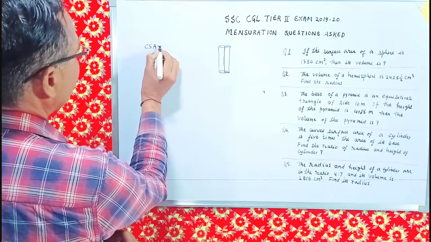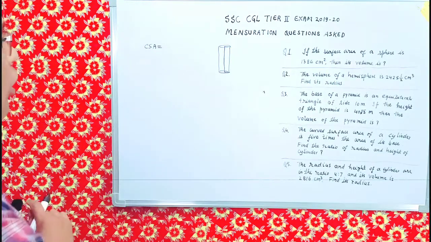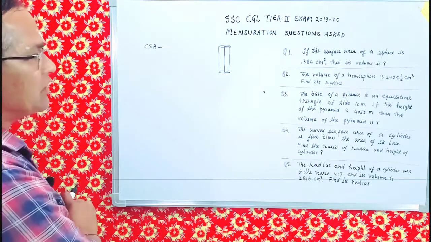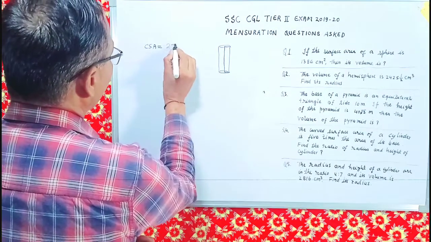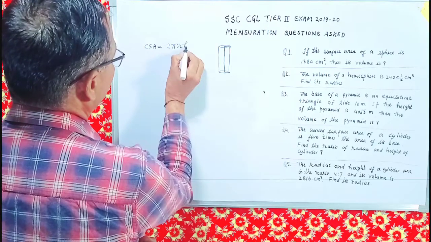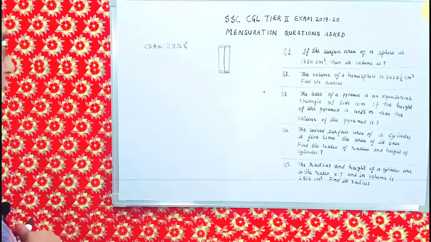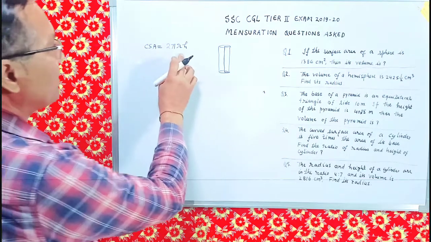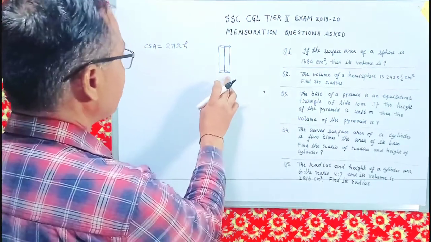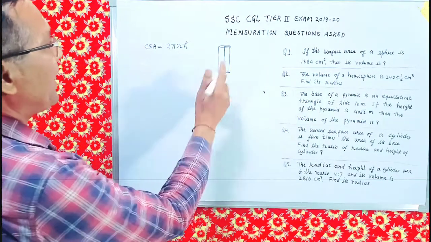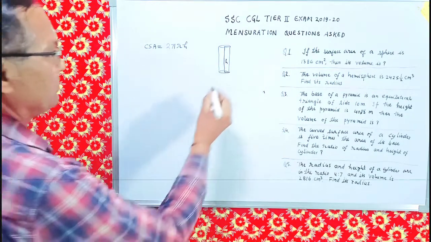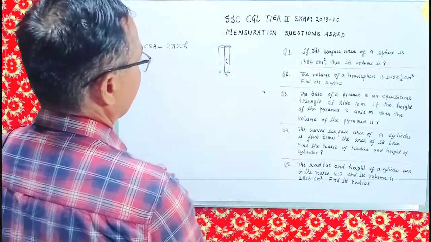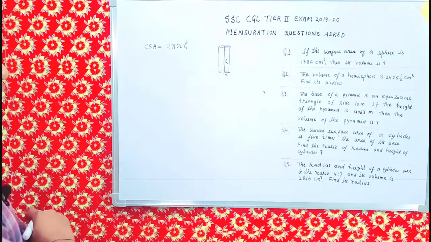CSA, curved surface area of cylinder is equal to 2 pi RH, wherein 2 pi R is the perimeter of the base and H is the height of the cylinder. Here this is the R, radius.